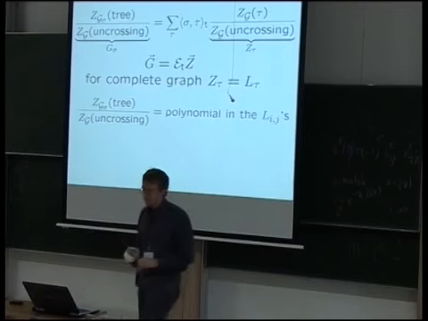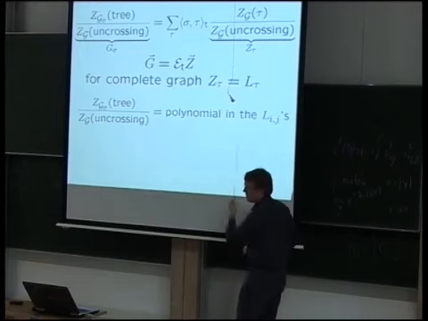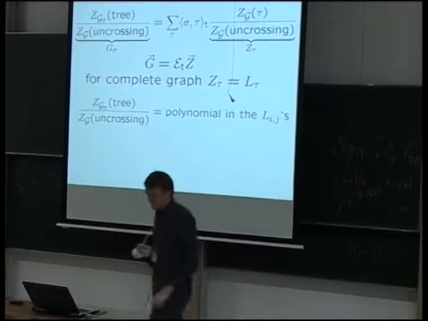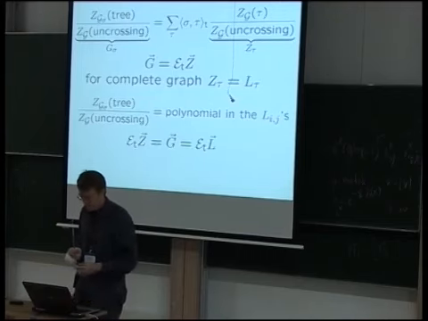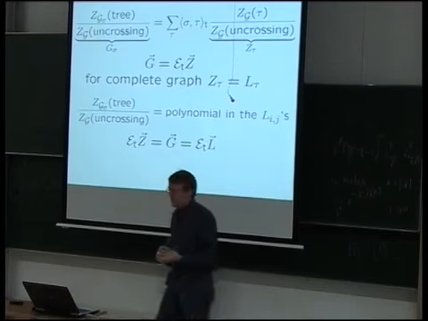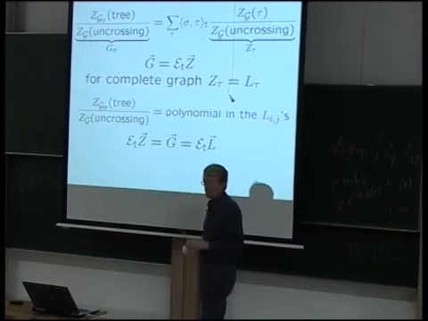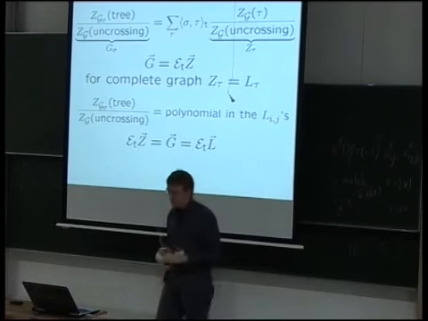Okay, but for the electrically equivalent complete graph, these z sub taus are precisely the L sub taus. That was very conveniently defined. So these g's didn't care which graph they were computed on, the electrically equivalent complete graph or the original graph, and so we have this equation.